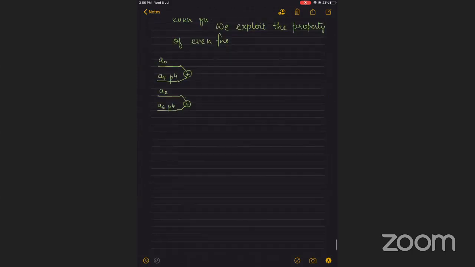Then I do the same here: A1 and A5P power 4, and then A3 and A7P power 4, add these two and keep. Then I have to add these two.